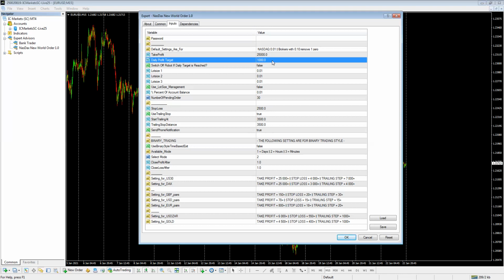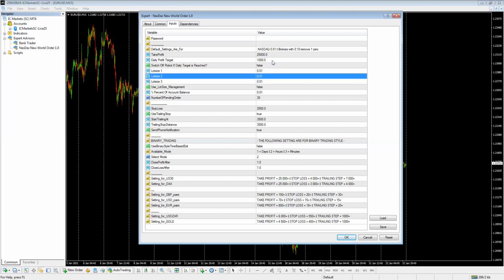That means the daily target will be 100 USD. So whatever you set as your daily target, keep in mind how much you're willing to lose, multiply that by 5, and that's what you want to make a day, so that when you reach that amount, the robot can stop working. Yeah, I think that's all I needed to clarify.